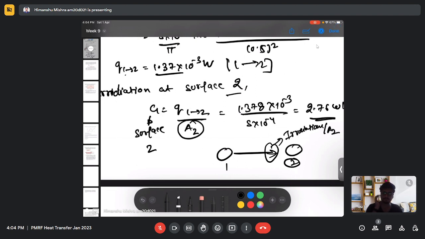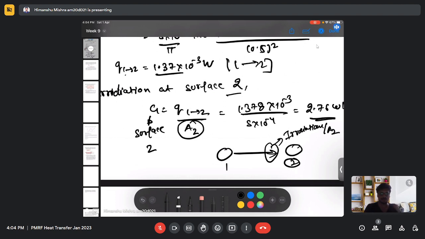So then how is it different from the view factor? So as of now, this is a very simplified case. So here there is no difference between the radiation emitted by surface 1 and captured by surface 2. But let's say there are multiple surfaces arranged around surface 1.